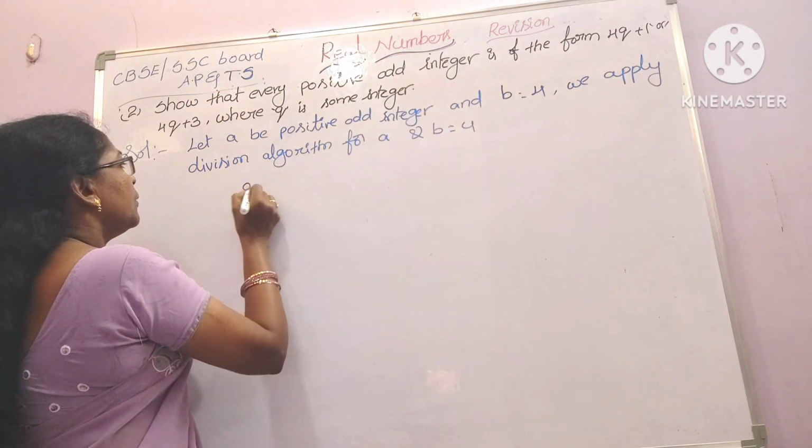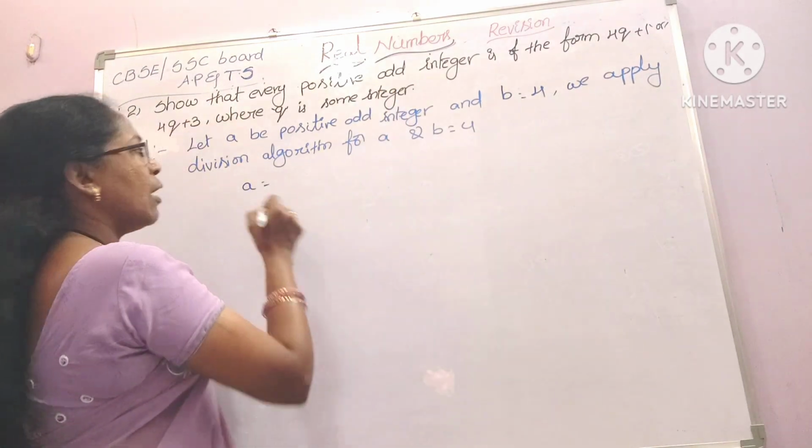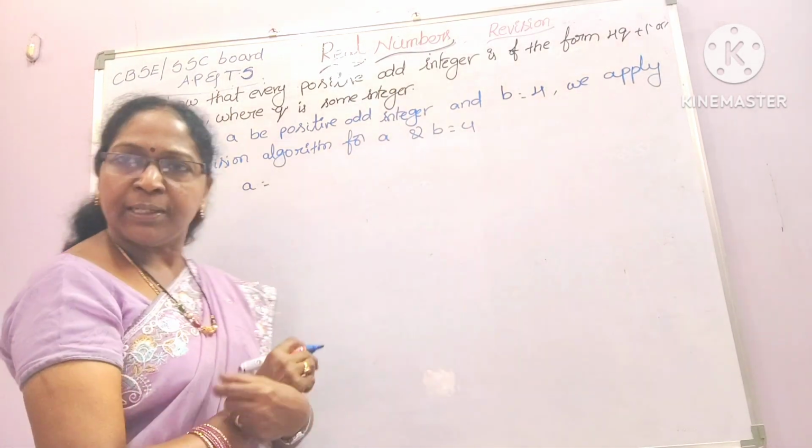Now, when you apply it for A and B equal to 4, what will you get? Just write: what is Euclid's division algorithm?